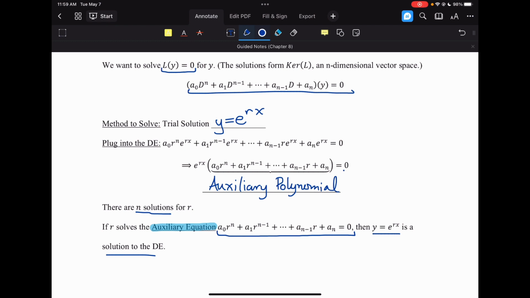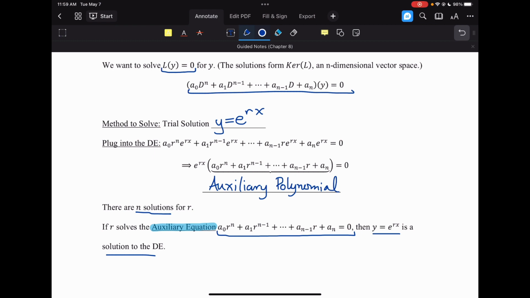We get this general form, and we say, if this is going to be a solution, this part has to be equal to 0. So we set that equal to 0. That's our auxiliary equation. And now we can solve this equation for r values that when we plug them into this e to the rx, makes that a solution to the differential equation.